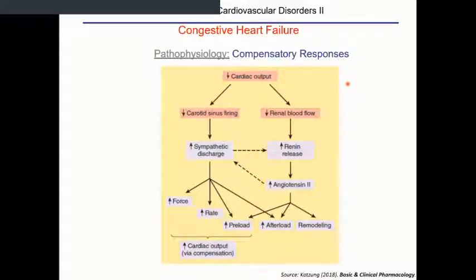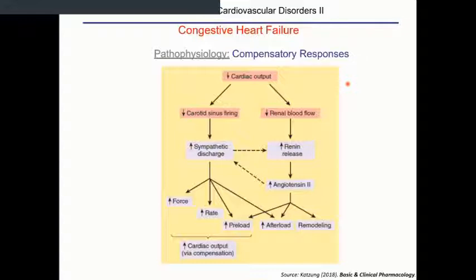So the decrease in your cardiac output will lead to, on the right, decreased renal blood flow, of course, because if you had heart failure due to whatever reason, there will be less blood circulating to the systemic circulation, and there will be less blood flow to the renal system, and a decreased renal blood flow will activate your renin release, and then this will in turn release angiotensin 2, and then your angiotensin 2 increases will lead to directly increase preload because it will retain volume in the systemic circulation.